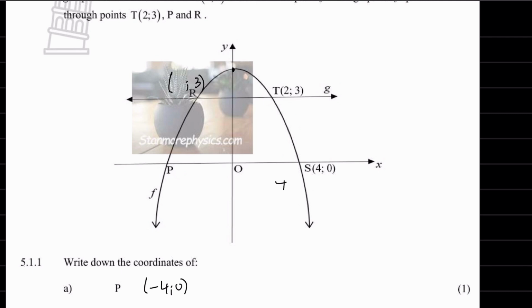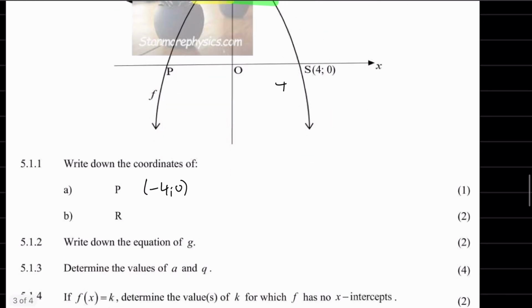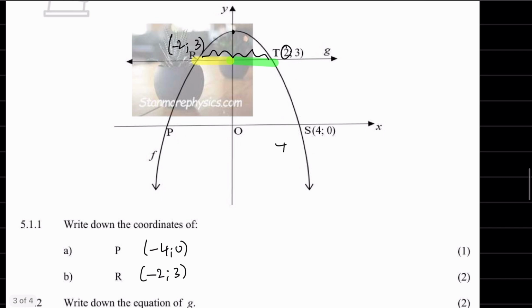Now, to figure out what the x value is going to be, let's look at the distance here. The distance from here to here is going to be the same as the distance from here to here. Now we can tell that from here to here is 2 units, meaning that the distance from here to here must also be 2 units. But like with P, since it's on the negative x side, it's going to be negative 2 and 3. So R is negative 2 and 3. Okay.